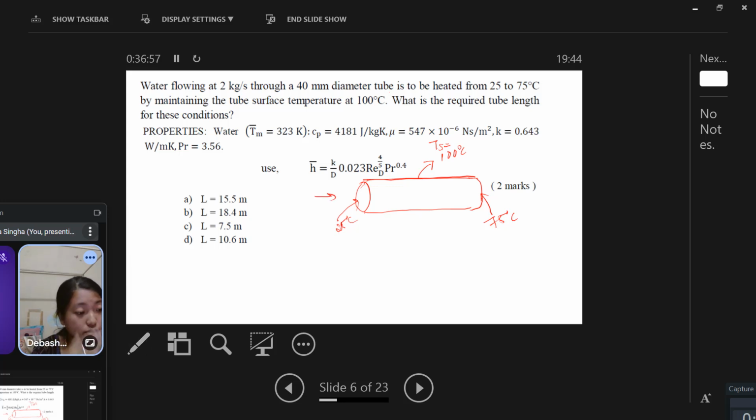Water flowing at 2 kg per second means m dot is 2 kg per second. Diameter is 0.04 meter. What is the required tube length for these conditions? This is the formula given for h bar already.